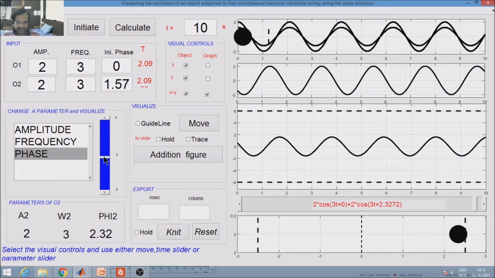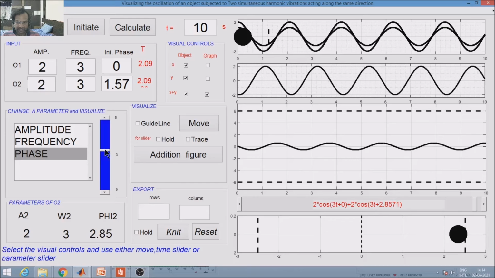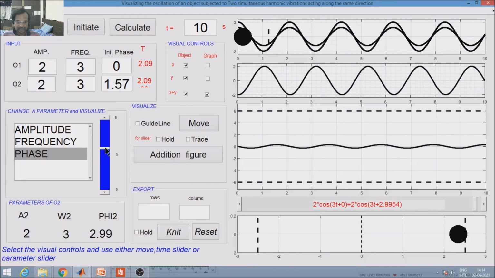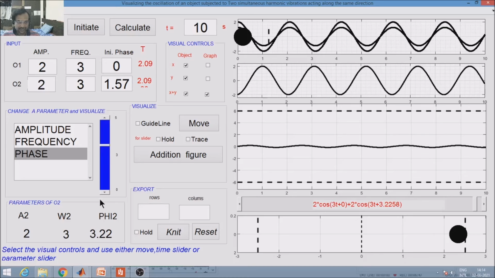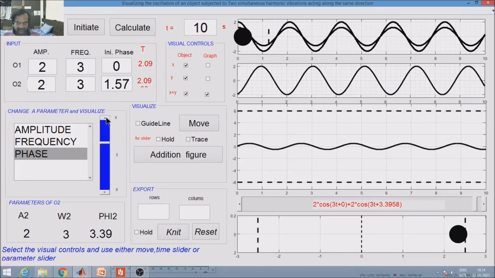This is a very important case which comes across in optics, though there is no motion, but it is in the context of waves. So we can see it is almost diminished. We get a 0. So let's take a little bit of it at same frequency. Now let us observe the motion for this.